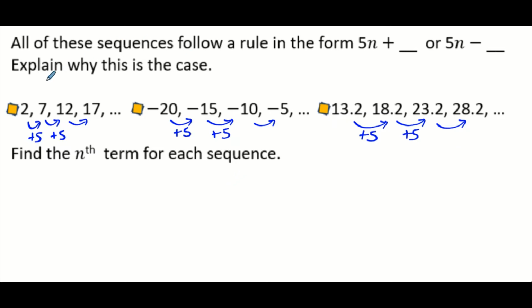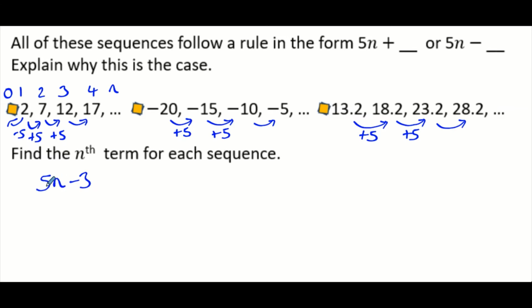Now there's lots of ways to get to the term that goes on the end of the sequence. A lot of people find it easiest to look at the 0th term. If we say that n is 1 for the first term, 2 for the second, 3 for the third, 4 for the fourth, and so on, if we went back to the 0th term, so do the opposite of plus 5 and subtract 5, what would we get there? 2 minus 5 would be minus 3.